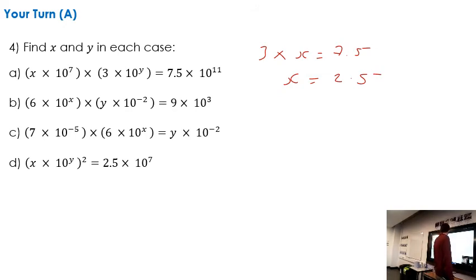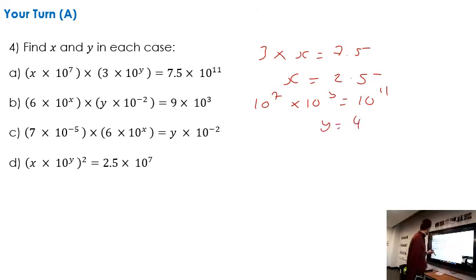And now, second part, we've got 10 raised to 7 times 10 raised to y is equal to 10 raised to 11. We add the powers, so our y value must be equal to 4. Second question, we've got 6 times y is equal to 9.